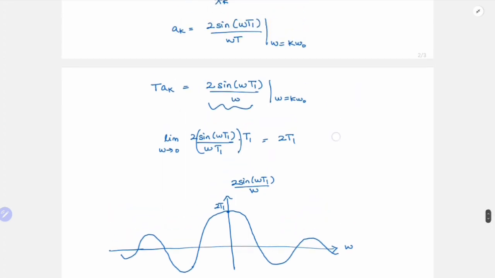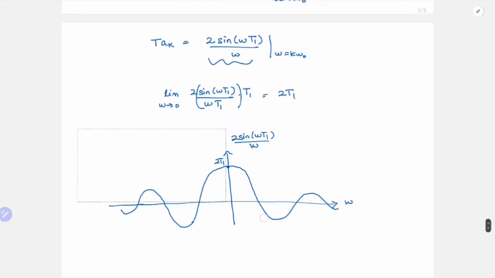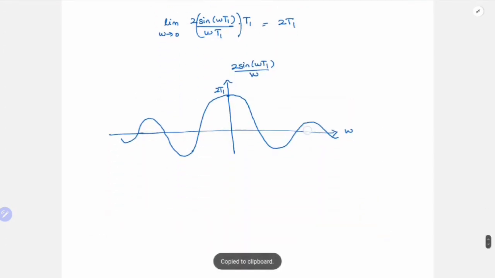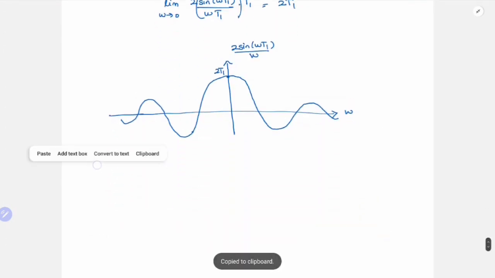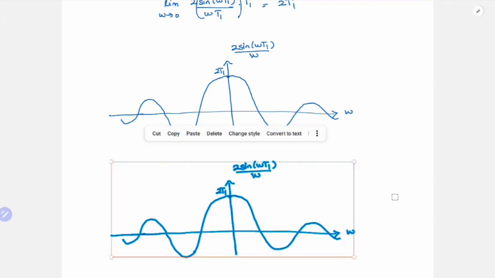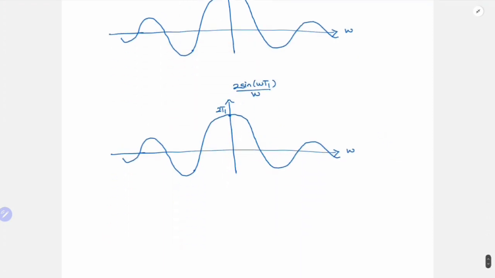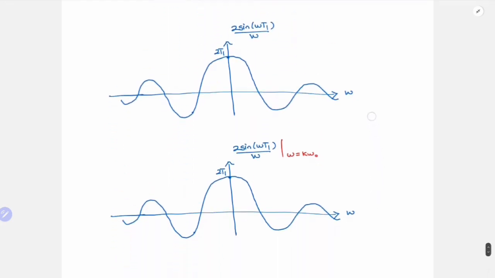Now to sample this, what do I have to do? I take this and I sample it at omega equal to k omega naught, for some value of omega. So what will I take?